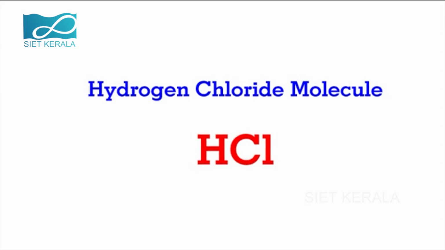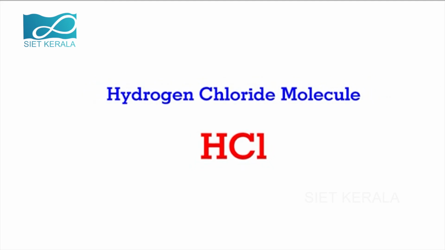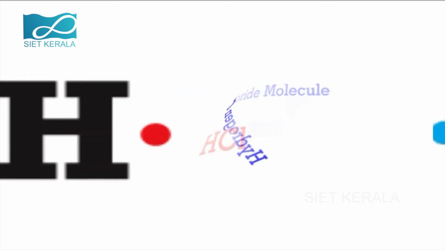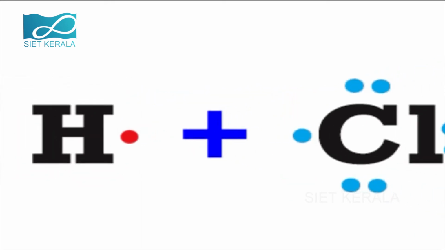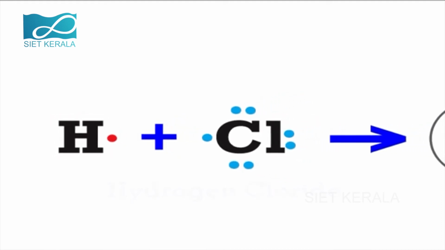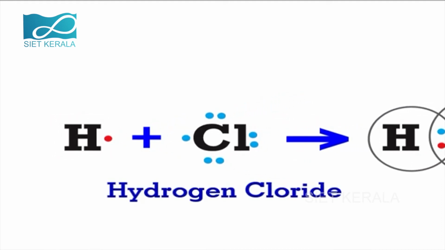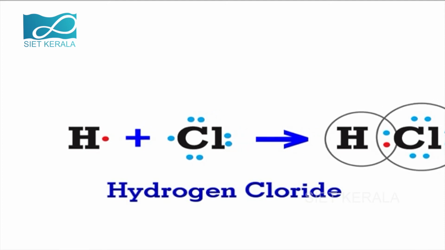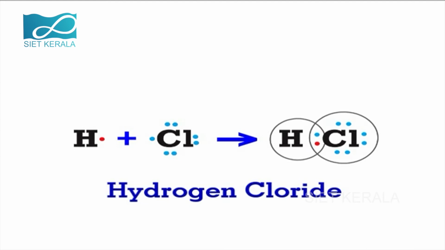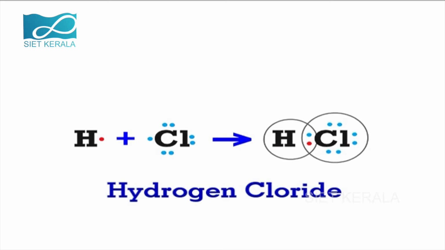Let's examine how covalent bonds are formed when combining atoms which are different. For example, let us find the formation of a chemical bond in the hydrogen chloride molecule. A hydrogen atom and a chlorine atom combine and form hydrogen chloride. Here, we can see 1 pair of electrons is shared to form HCl.